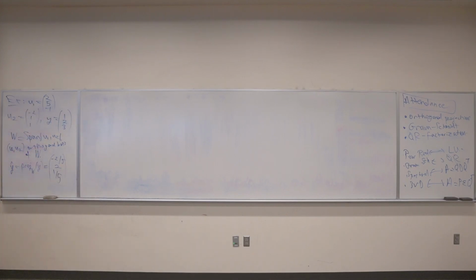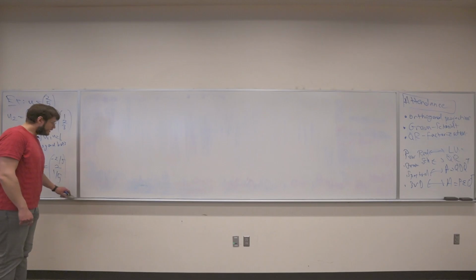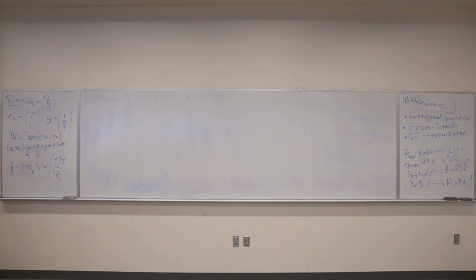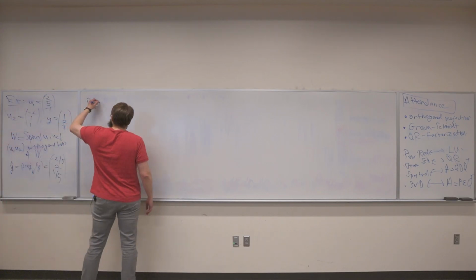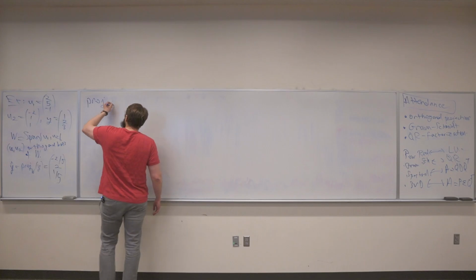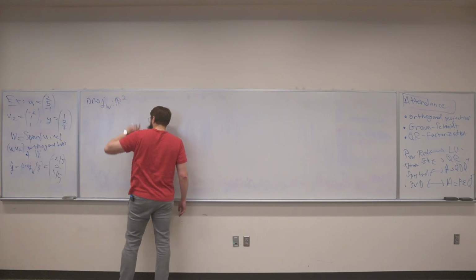Okay. Now, what I want to do now is come up with a 3 by 3 that would correspond to this proj sub w, right? So proj sub w is supposed to be a linear transformation in and of itself, R3 to R3.